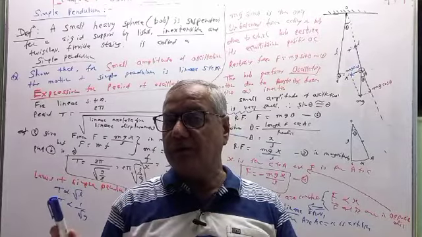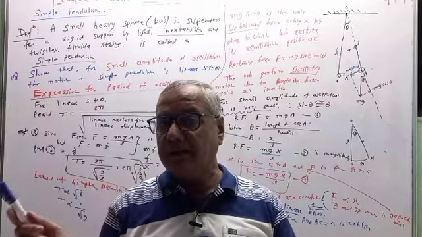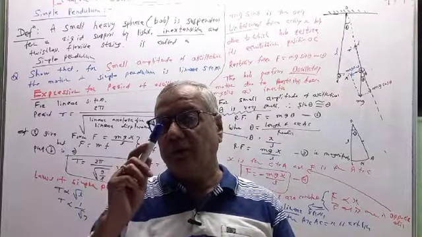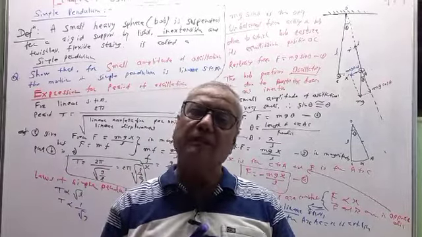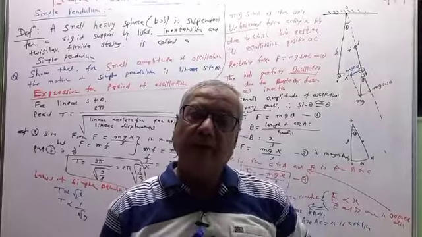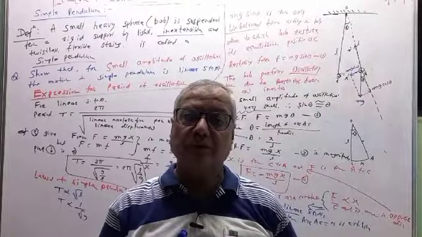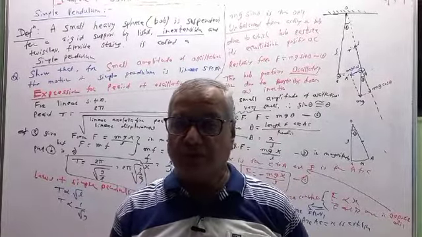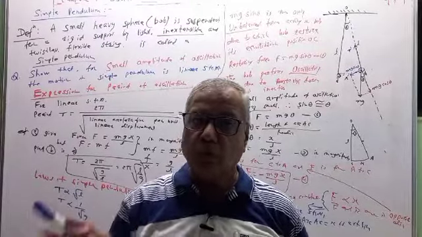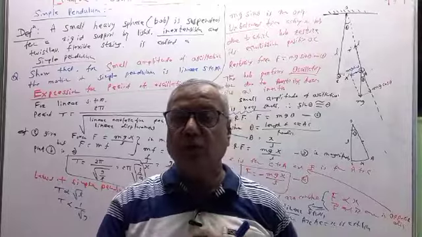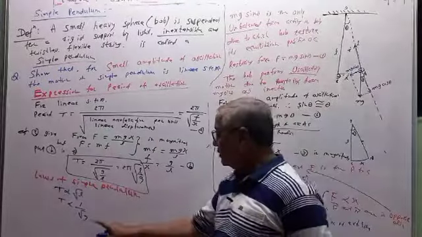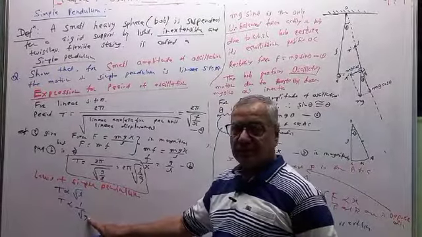At the equator it is 9.77, and at the pole it is 9.83, and the average is taken as 9.8. So as we move from the Earth's equator to the North Pole or South Pole, the value of g goes on increasing, and therefore even on the surface of the Earth g changes.